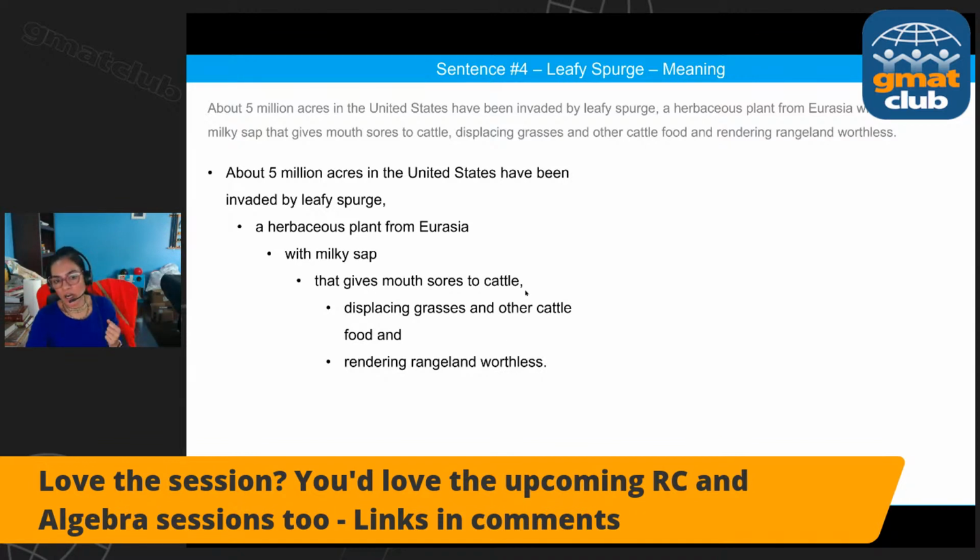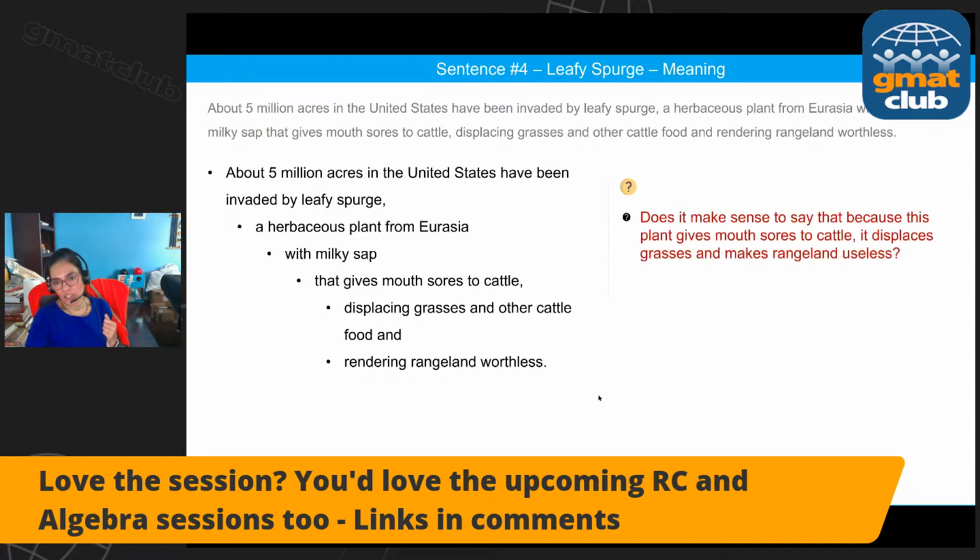So grammatically the sentence is right. We have a clause, then a comma, and then two verb-ing modifiers. So grammatically no issue with the sentence, but meaning is totally off, because displacing should be connected with leafy spurge, because leafy spurge displaces grasses, and then rendering rangeland worthless should be presented as the outcome of the displacement of grasses by leafy spurge.